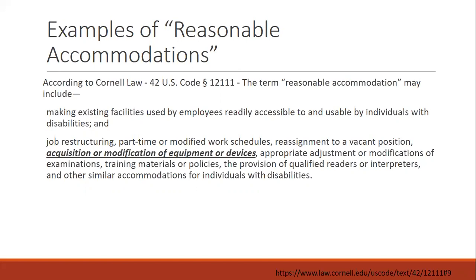It could also be job restructuring, part-time or modified work schedules, reassignment to a vacant position, or the acquisition or modification of equipment or AT devices. It could also include appropriate adjustments or modifications of examinations, training materials, or policies, and the provision of qualified readers or interpreters and other similar accommodations for individuals with disabilities.